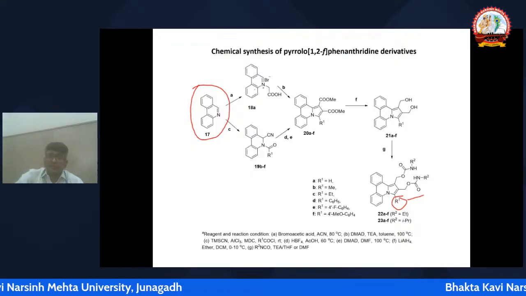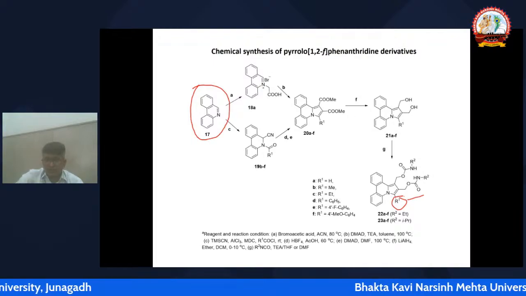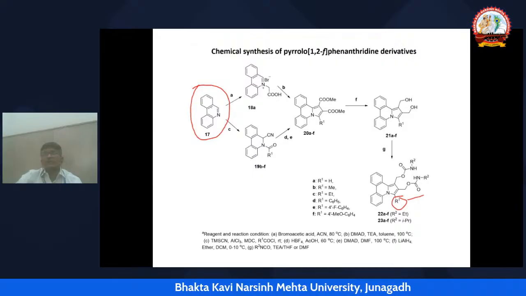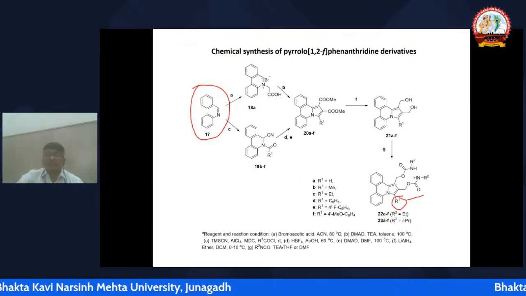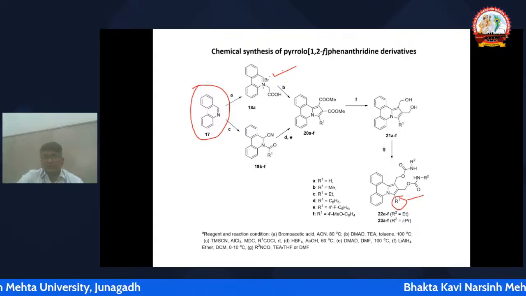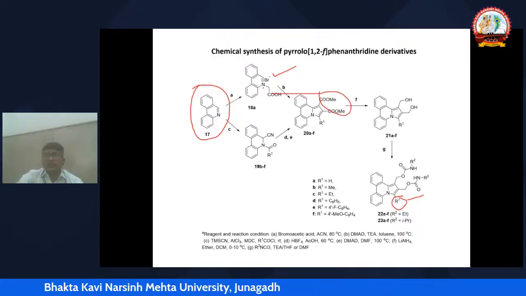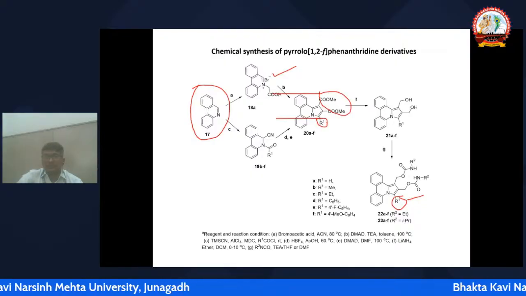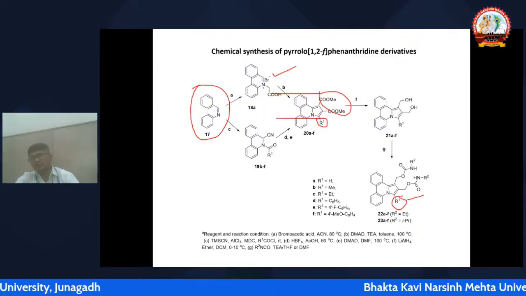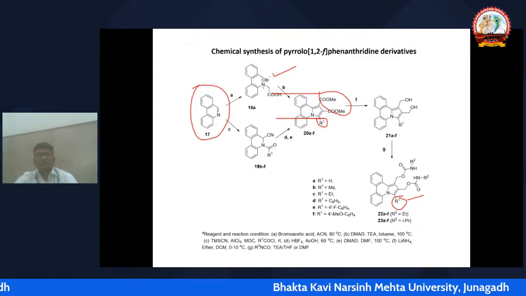If we require hydrogen at the R1 position, we react this phenanthridine with bromoacetic acid. Now we prepare this bromoacetic acid salt, and then it directly reacts with DMAD to give a diester, but without any substitution at the R1 position, meaning R1 is hydrogen.